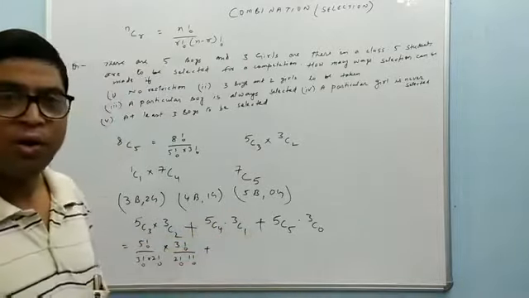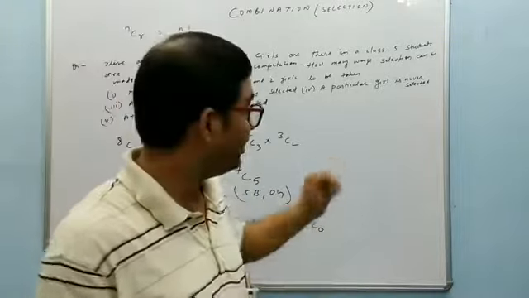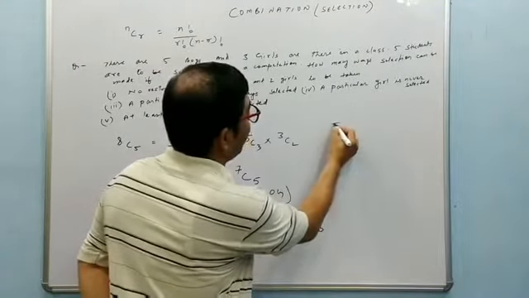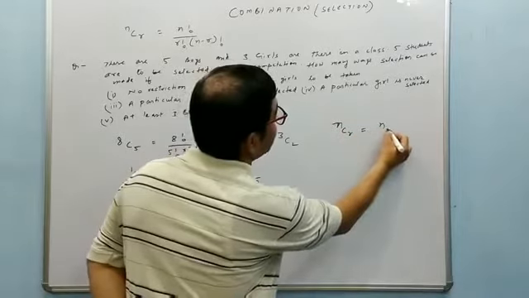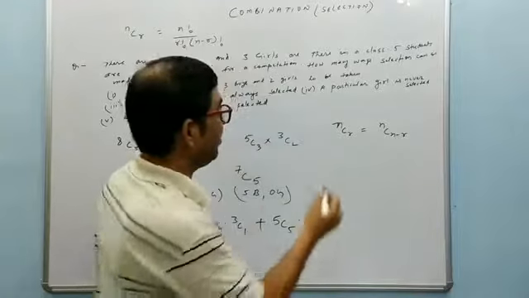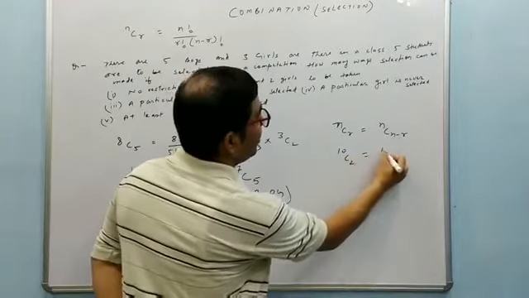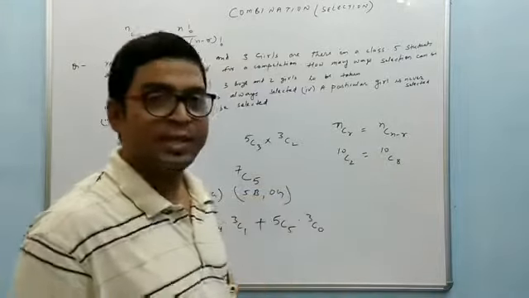Now what property I am going to tell you about the combination coefficients. What's the property? You just see here, NCR is always equal to NC n minus R. What is the meaning of this? I am telling you, that is, if 10C2 is there, that can be written as 10C8. You just calculate, you will get the same value.